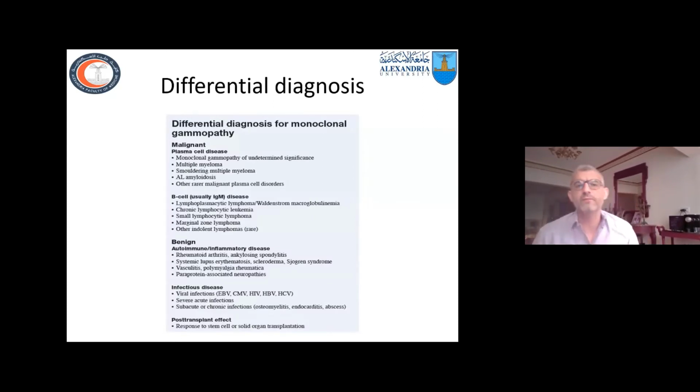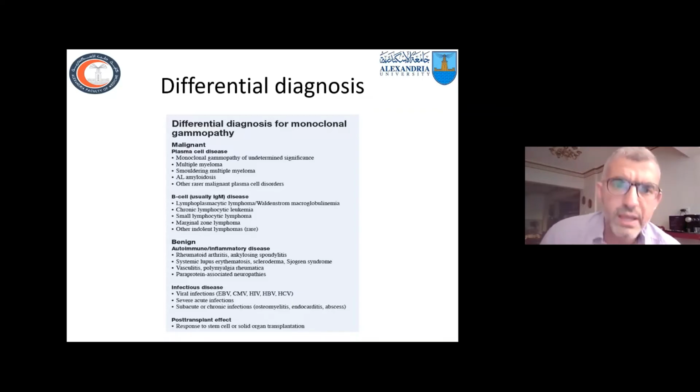To discuss the differential diagnosis, or how we can differentiate multiple myeloma from other disorders that may be encountered, or that may confuse us with the CRAB criteria. We have malignant and benign disorders.